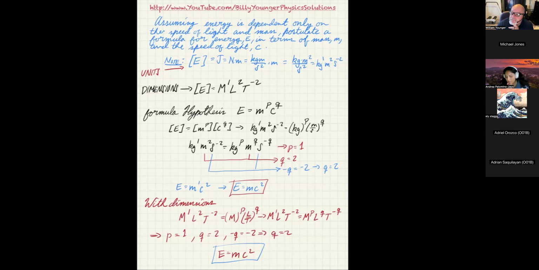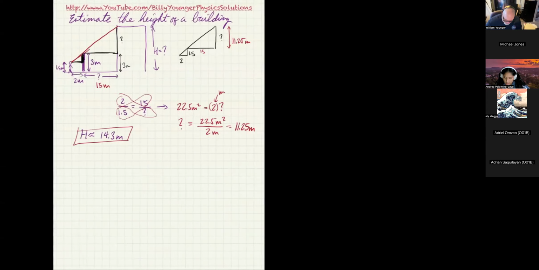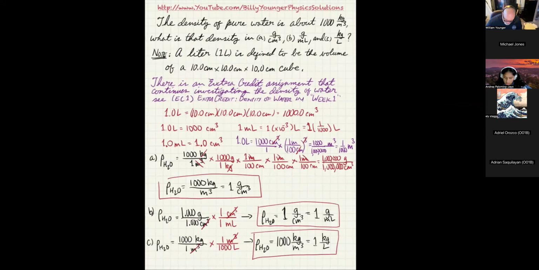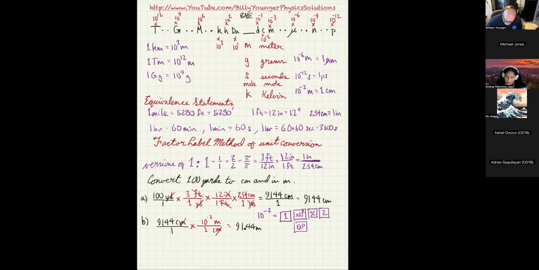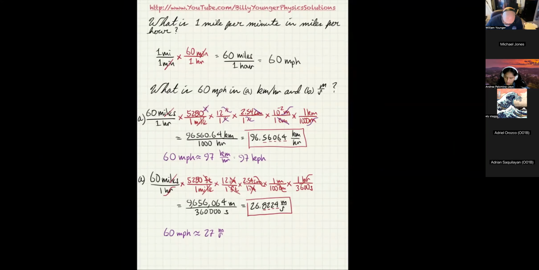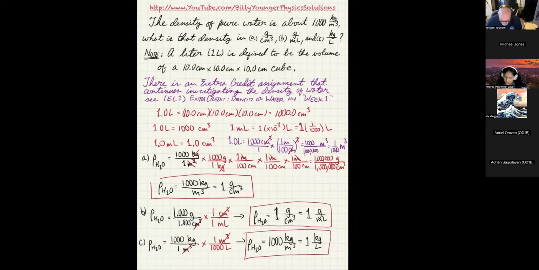I was a little bit confused on the density of pure water. I kind of blanked out on this section, but I understand canceling out: 1,000 kilograms over 1,000 meters cubed with the 1 meter over 100 centimeters, because it's cubed.